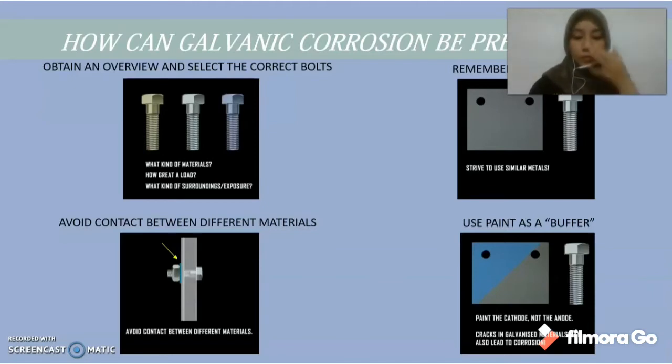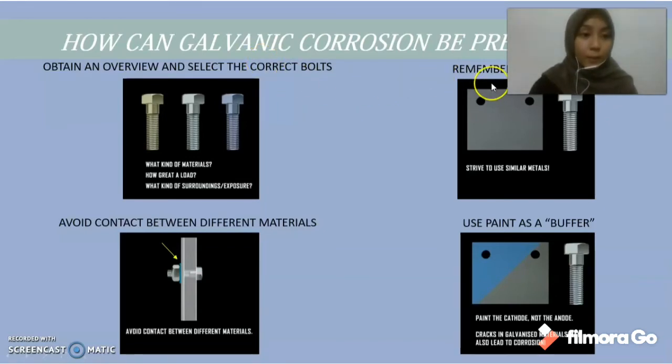So here are some points of good practice to prevent galvanic corrosion. First, obtain an overview of the type of material used and the structure to which the equipment will be fastened, and choose bolts that are appropriate to the relevant load and surroundings.